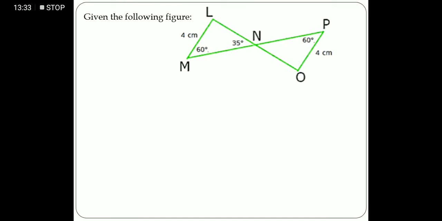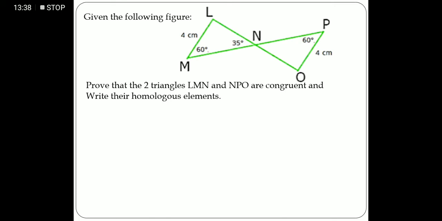Here, for example, I have to prove that triangle LMN is congruent to NOP. Let's see, what do we have as a given? Here we have 35 degrees, and when we have this shape, I can say that ONP is equal to LNM, equal to 35 degrees, vertically opposite angles. I may use this given. We have a 60 degree angle and this one is 4 centimeter.